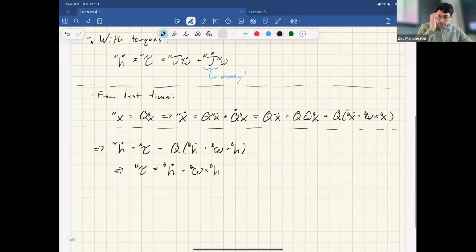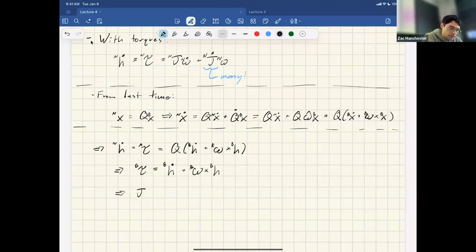And now all we're going to do is plug in H in the body frame is J omega, just a definition of angular momentum. And that's going to give us, I guess we'll keep the superscripts for now because we've got multiple frames floating around, but we're going to drop them after this because everything's always going to be in the body frame.